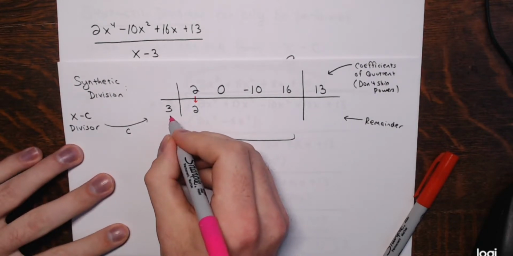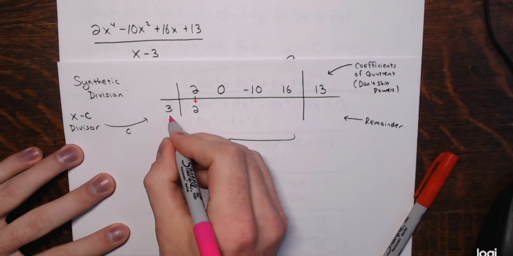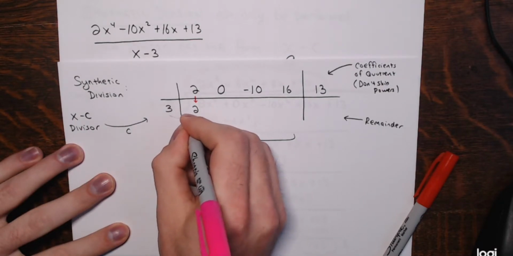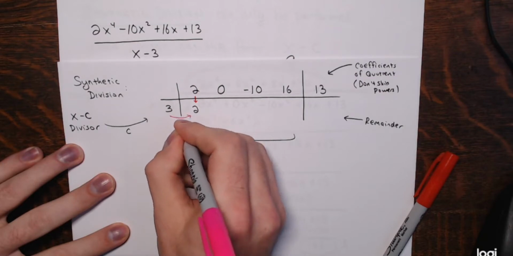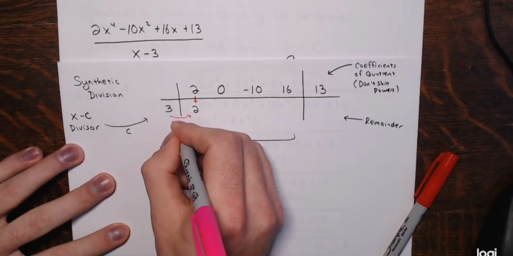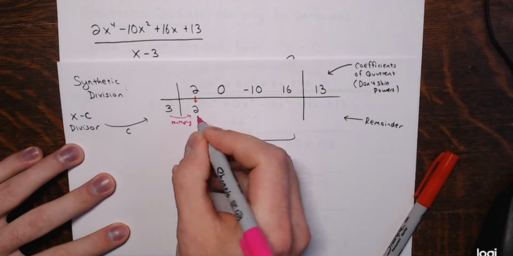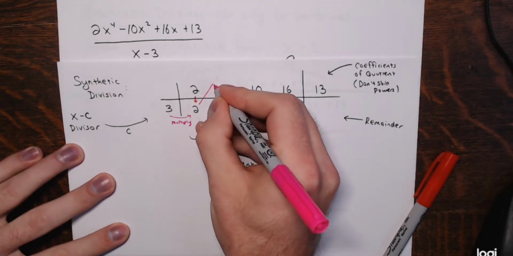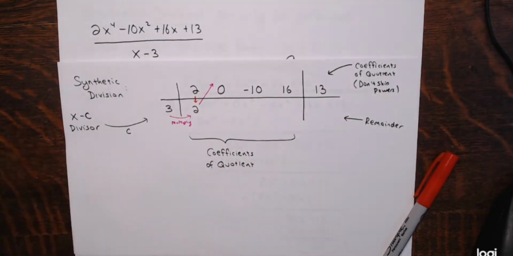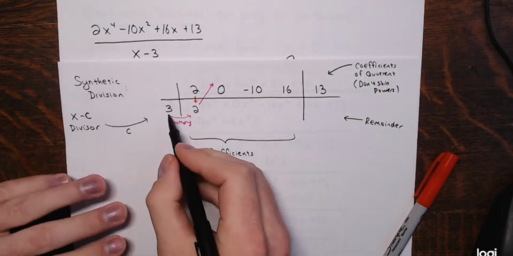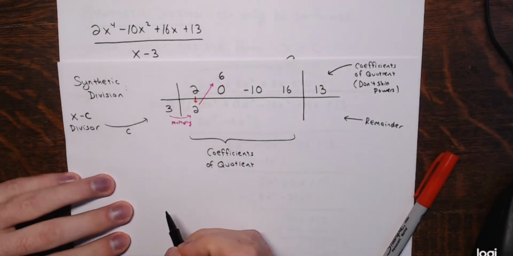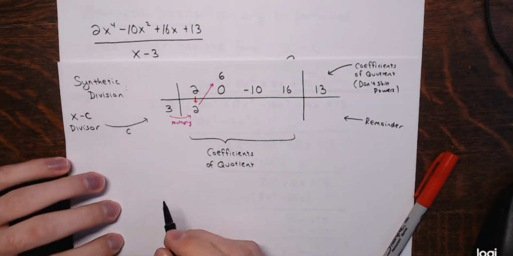You take this value of c, 3, and you multiply by the number I just dropped down. That number gets written above the next column. So 3 times 2 is 6. I put 6 above the next column, above that 0.